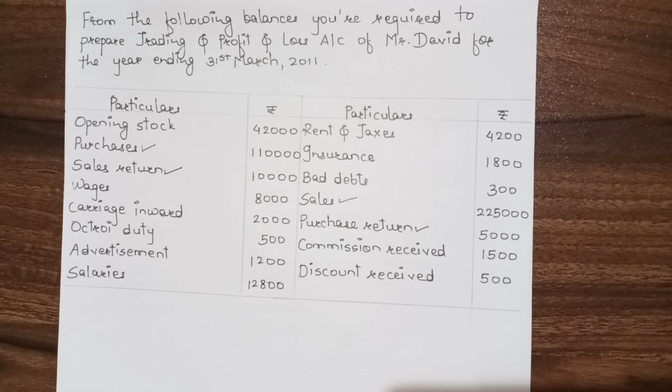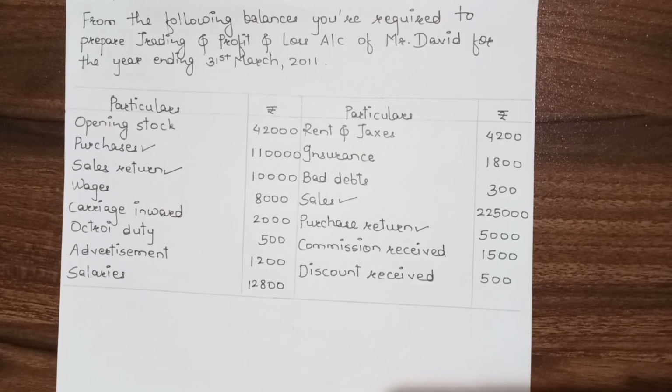Now the first item in credit side is rent and taxes. Now it is given here in the credit side, but this is your expense. How is it going to be your expense? Because it is your indirect expense, because Mr. David is paying that rent and taxes if he holds an office or a company or a complex on rent which he has to pay. That is why this is an indirect expense. So we are going to post it in the debit side of profit and loss account.